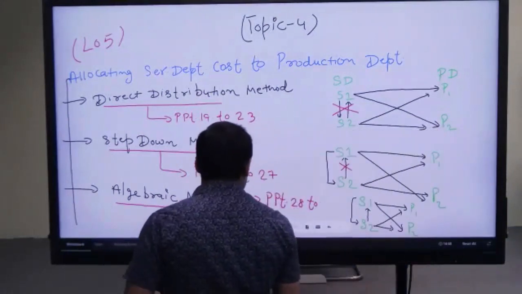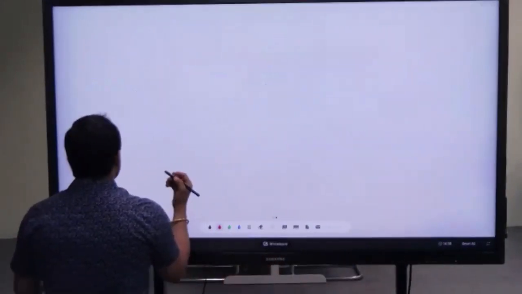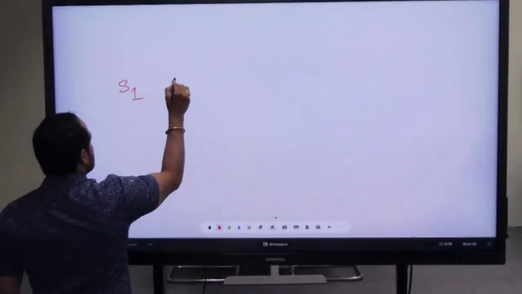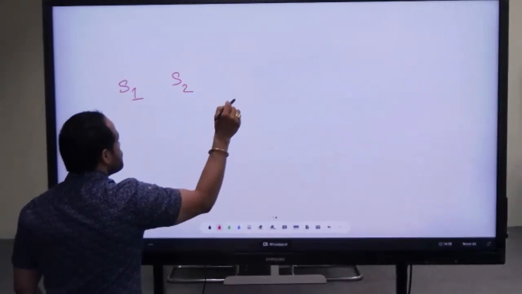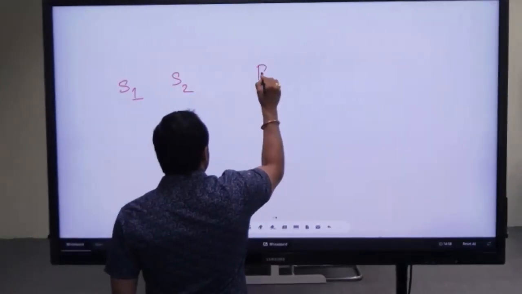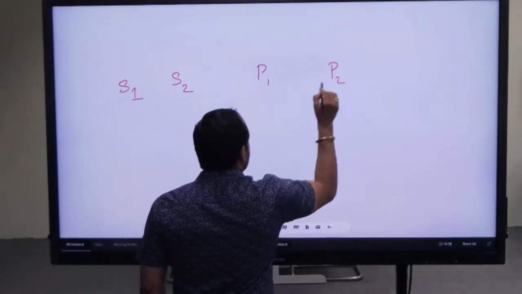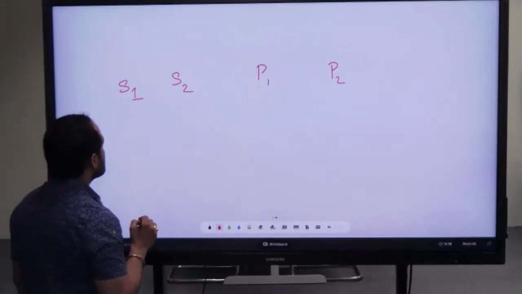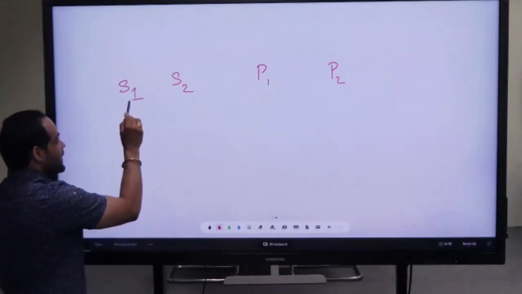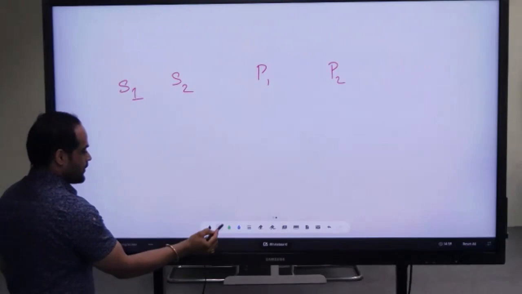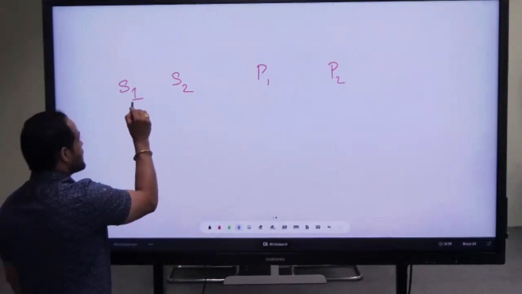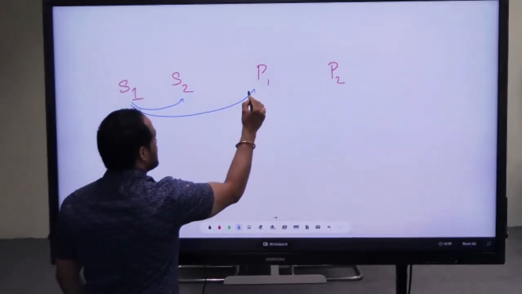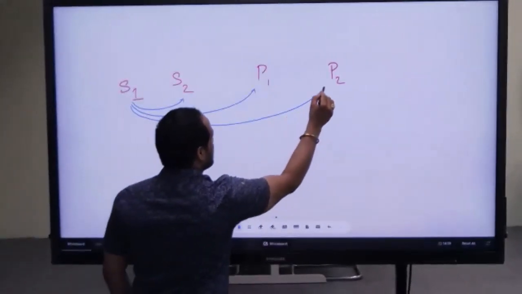So why is it complicated? For example, service department 1, service department 2, production department 1, production department 2. Service department S1 is providing service to this and this.